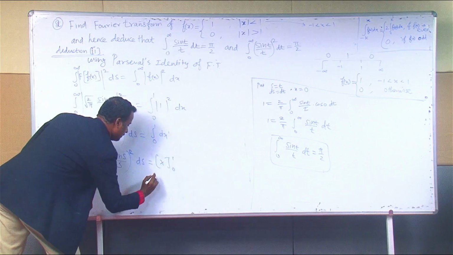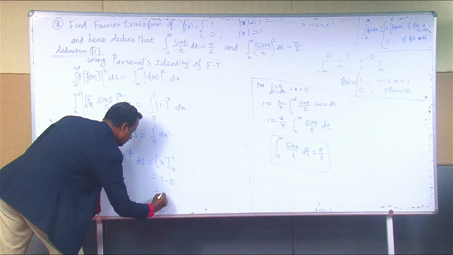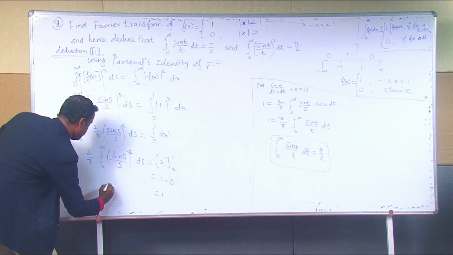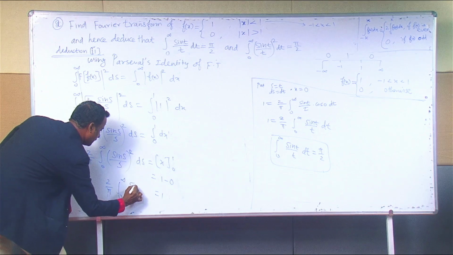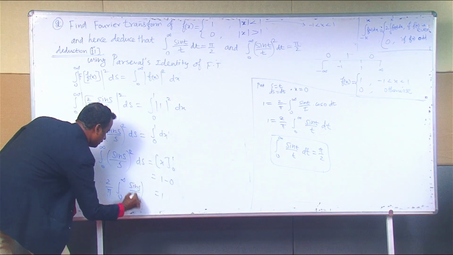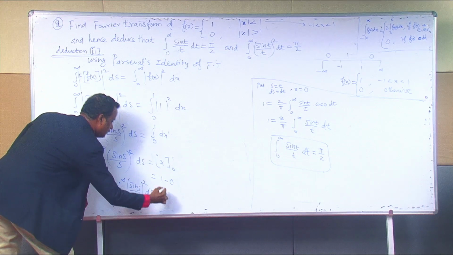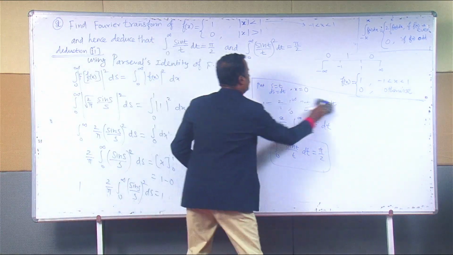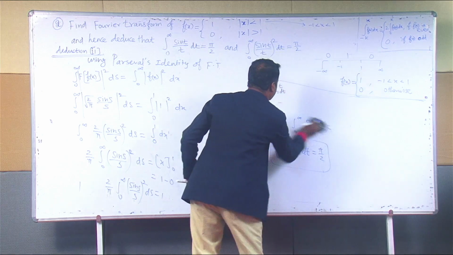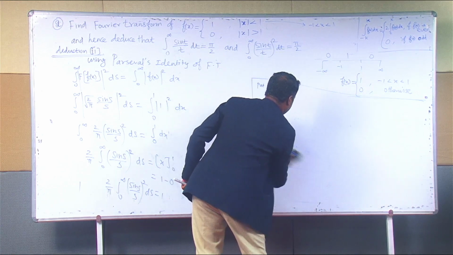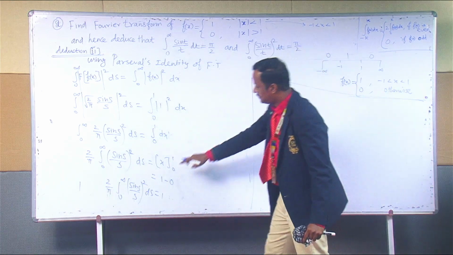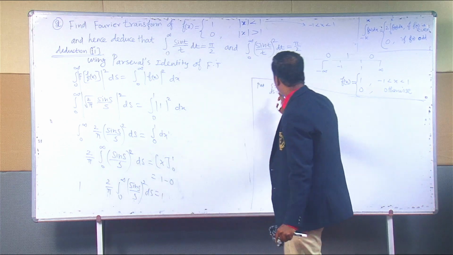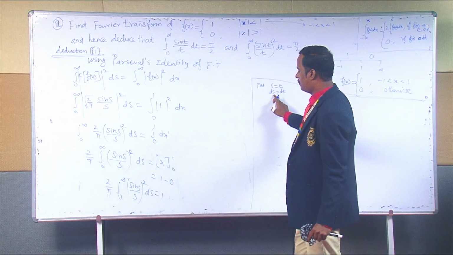So we get 1 minus 0, which is equal to 1, that is 2 by pi integral 0 to infinity sin s by s the whole square ds becomes 1. Now our aim is to prove the given part, that is in the given part we have sin t by t the whole square, whereas here instead of t we have s, so we have to use the substitution s equal to t, therefore ds equal to dt.